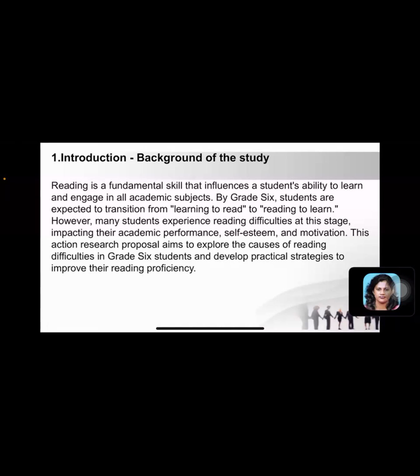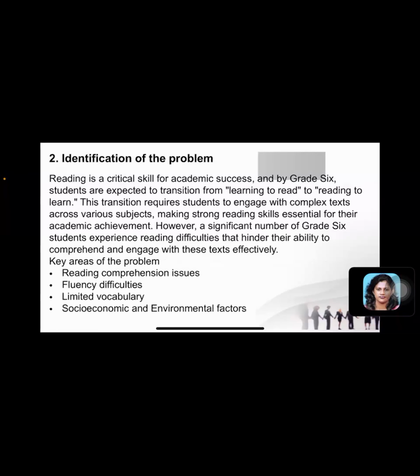By grade 6, students are expected to transition from learning to read to reading to learn. My action research proposal aims to explore the causes of reading difficulties in grade 6 students and to develop practical strategies to improve their reading proficiency. So, this is how I identified the problem.